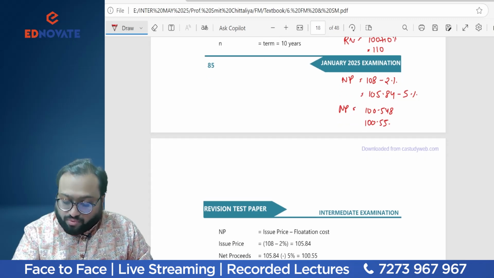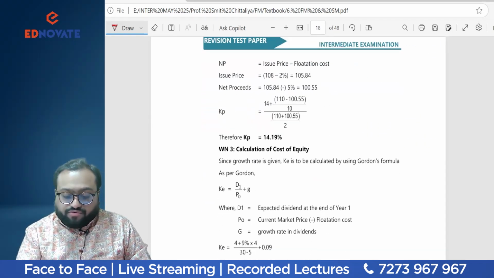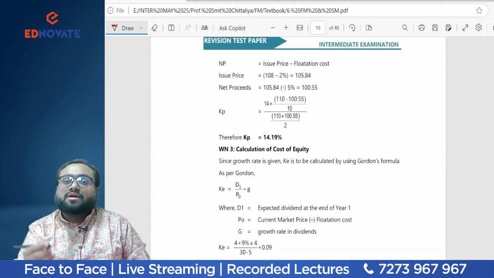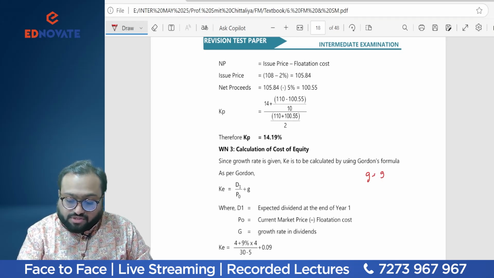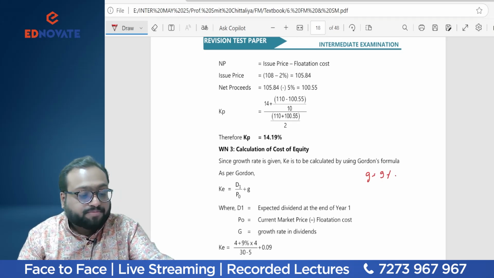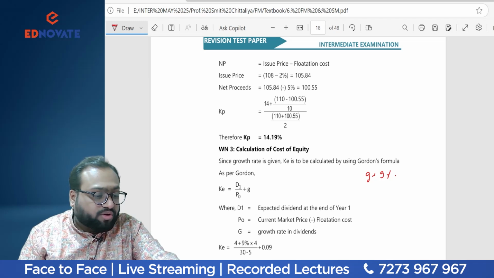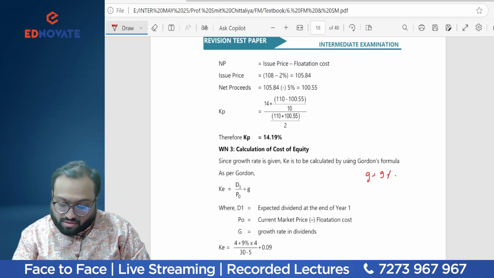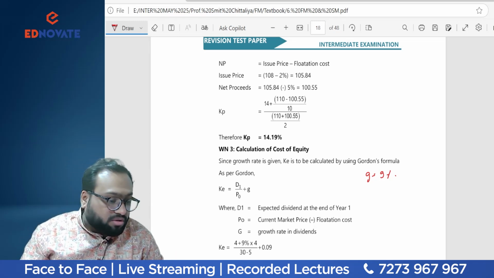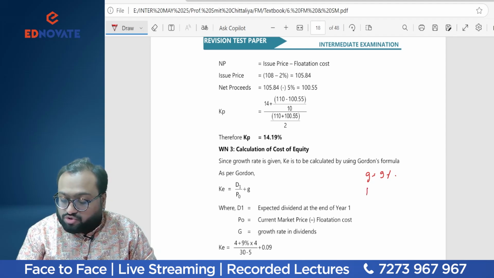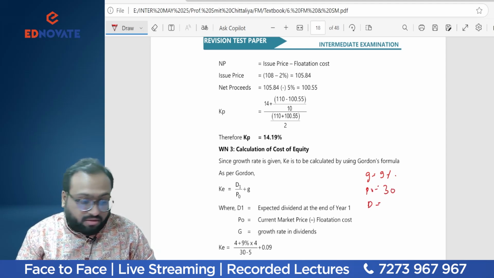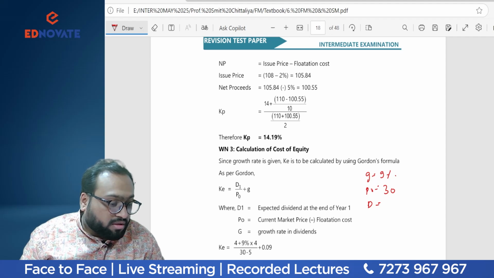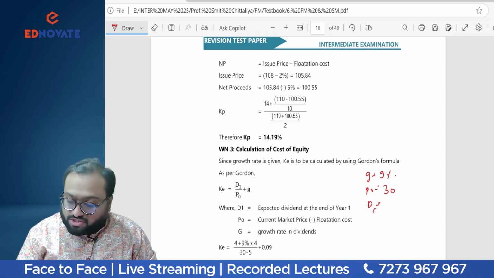Now talking about equity, cost of equity, of course, Gordon model, K is equal to D1 upon P0 plus G. We know the growth rate is somewhere around 9% given in the question. Am I right, students? And the market price is 30. So P0 is 30 and D0 is how much? D0 is 4 per share.